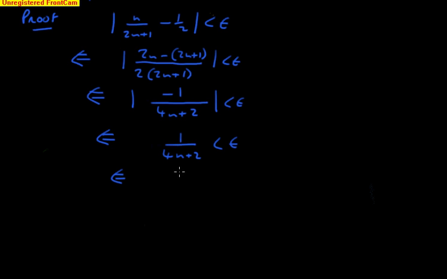I'll invert them, so I now get 4n plus 2 over 1, invert them and change the sign of the inequality, so invert the other side as well, 1 over epsilon. I'll take 2 away from both sides. 4n is bigger than 1 over epsilon minus 2, and I'll divide by 4.